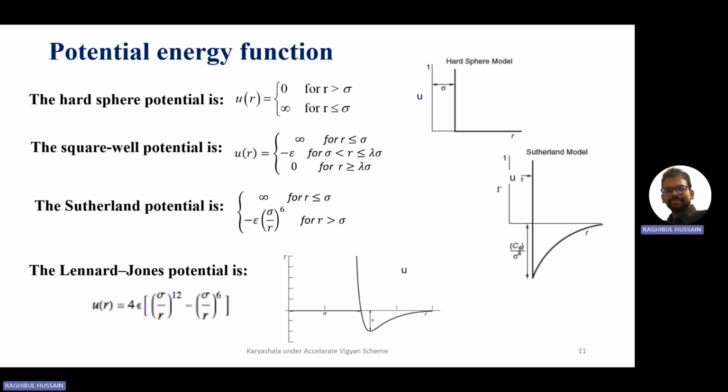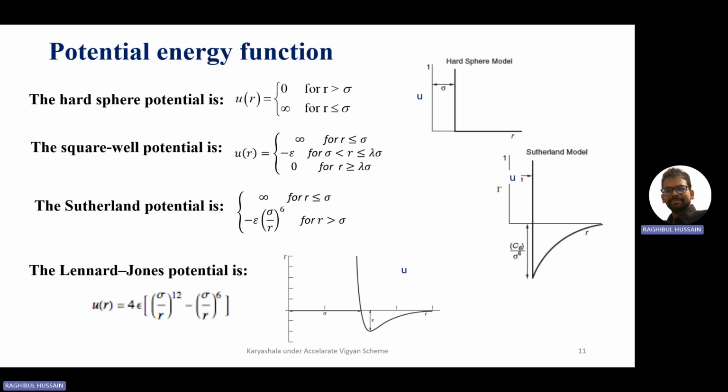But if the oxygen and hydrogen are, let's say, slightly away, 0.05 angstrom, will they attract? No. Why? Because still it hasn't reached the equilibrium bond length.